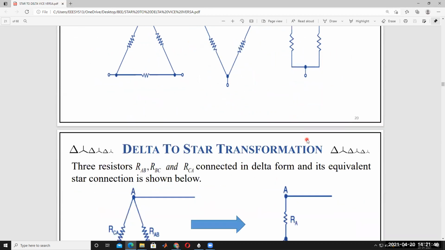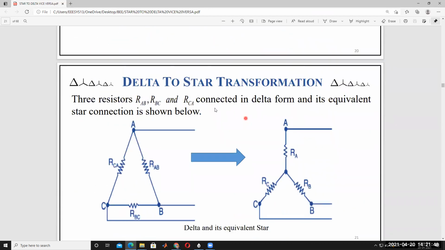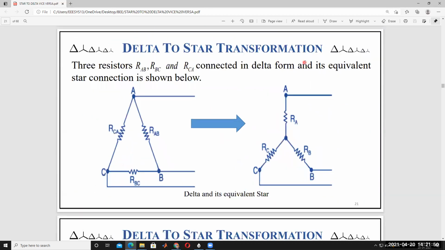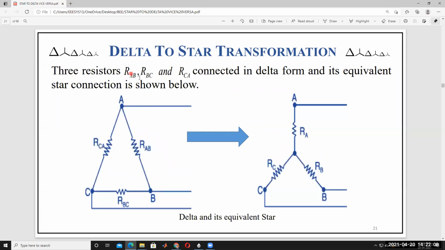Now, delta to star transformation. Three resistors RAB, RBC, and RCA are connected like this.